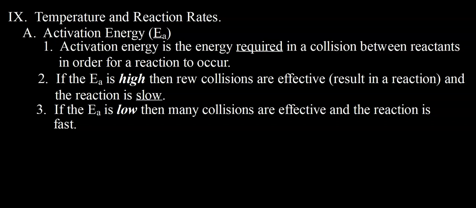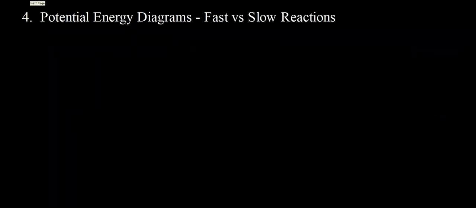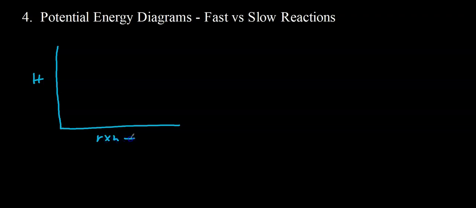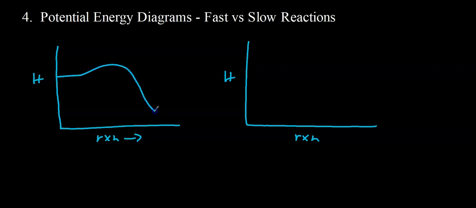All right, so let's take a look at, again, some heat content diagrams for both fast and slow reactions. We'll start off with this one here. I'll let you tell me which is which. So we have a heat content diagram for an exothermic reaction.